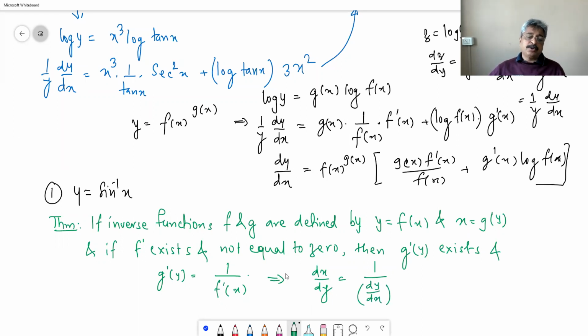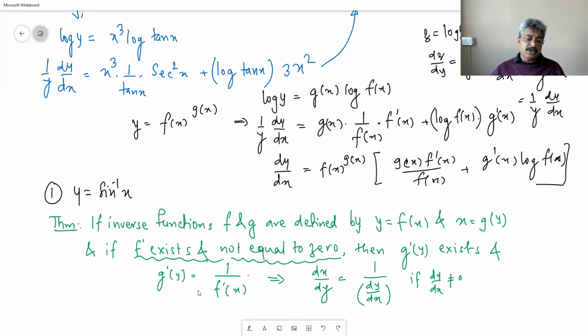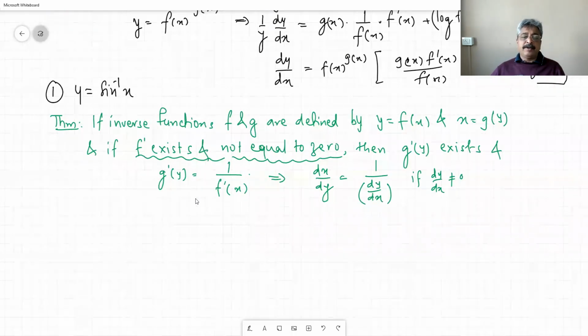That is what we are trying to say by this theorem, provided dy by dx is not equal to 0, because it is getting into the denominator. So if we prove this once for all, then dealing with inverse functions is going to be relatively easy.